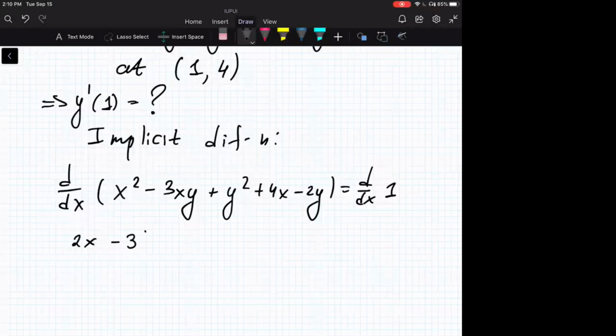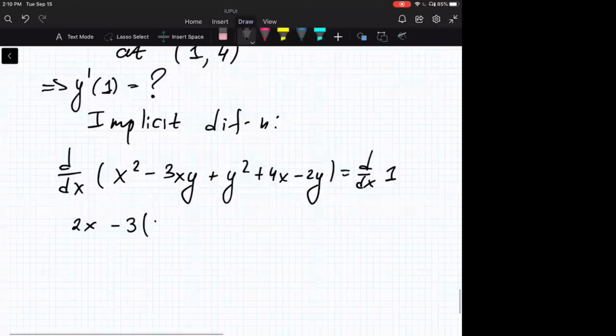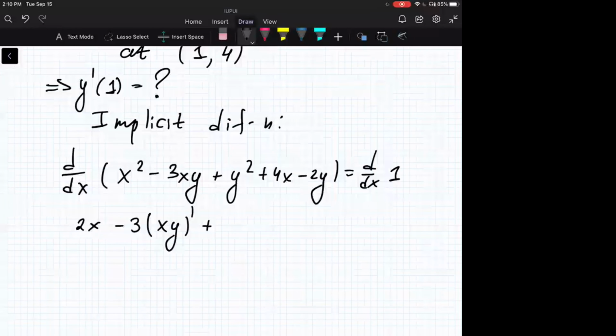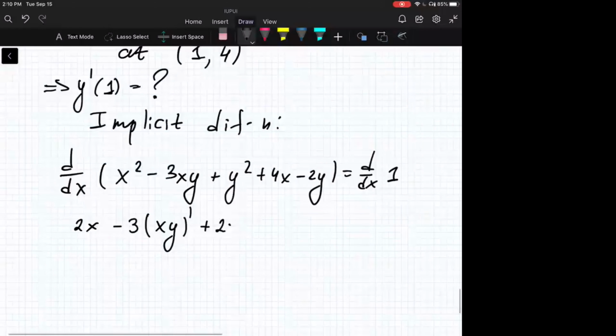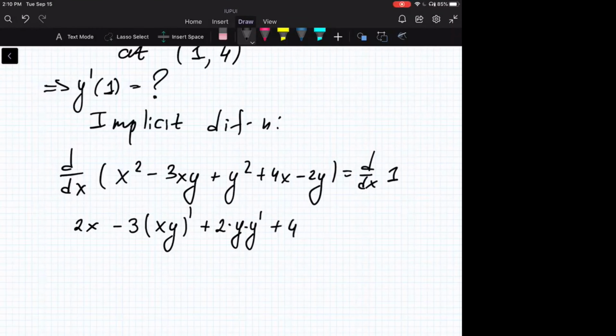All right, plus the derivative of y squared I can write right now because we discussed it several times. It's the generalized power rule: 2y times y prime plus 4 and minus 2y prime, and everything is equal to 0.